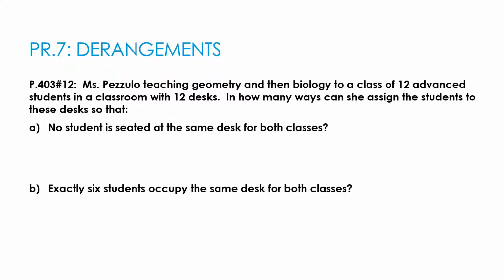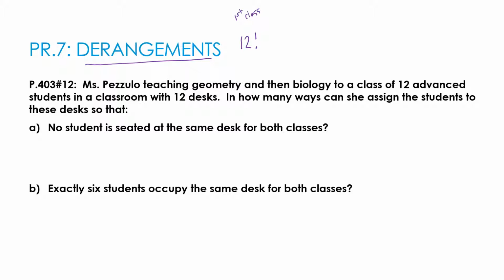Nope. How many ways can they sit? 12 factorial ways, because the first student has 12 desks to choose from, the next student that comes in has 11 desks to choose from, etc. So this is the first class. There are 12 factorial ways to arrange those students, and we don't have to worry about the derangement yet because we haven't assigned a student to a desk yet.